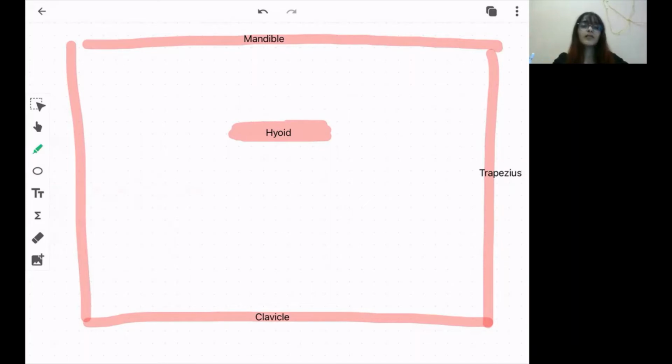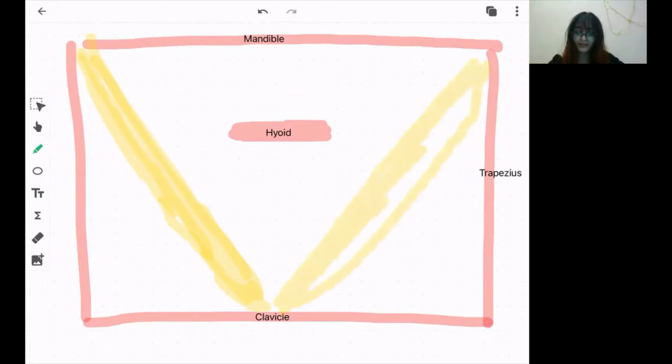If you remember about the sternocleidomastoid, it is from the clavicle to the mastoid process of the temporal bone. So from clavicle, it goes all the way to the mastoid process. So that will be your sternocleidomastoid muscle.